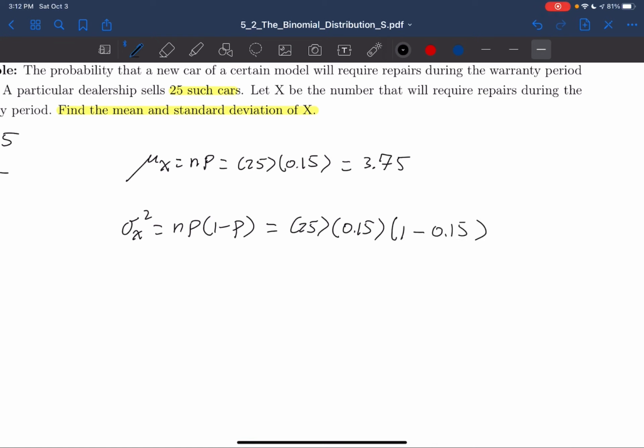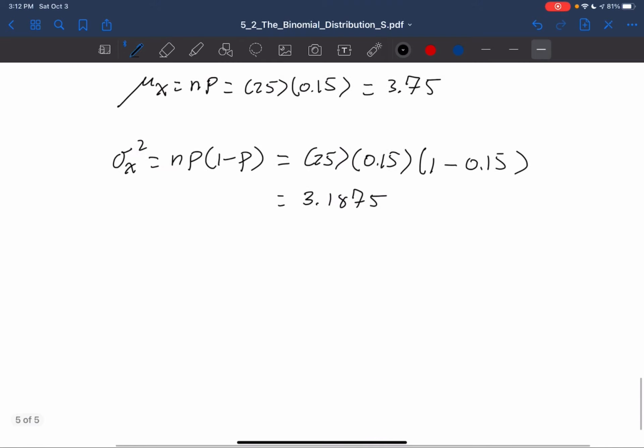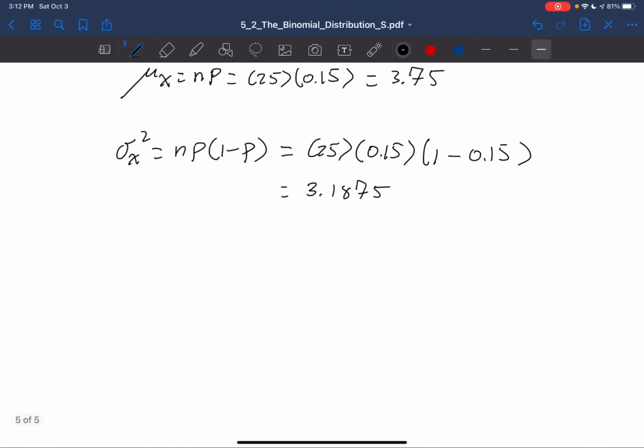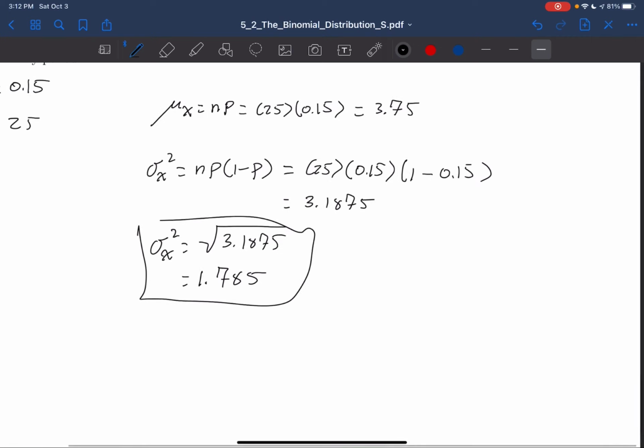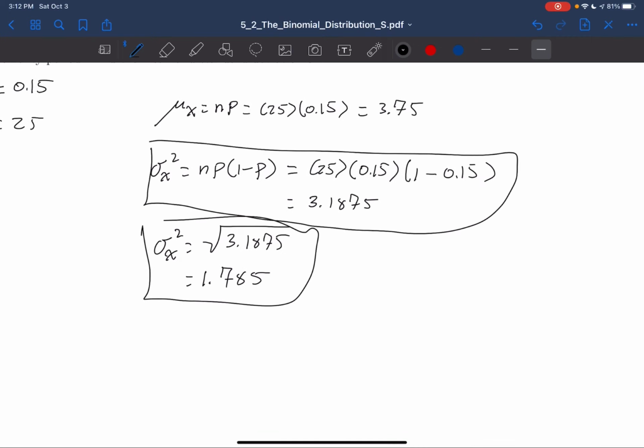And if you put this in your calculator, this is going to be 3.1875 if you round to 4 decimal places. So then, finding the standard deviation is just the square root of 3.1875, which gives you 1.785. So now you computed the variance, the standard deviation, and the mean.